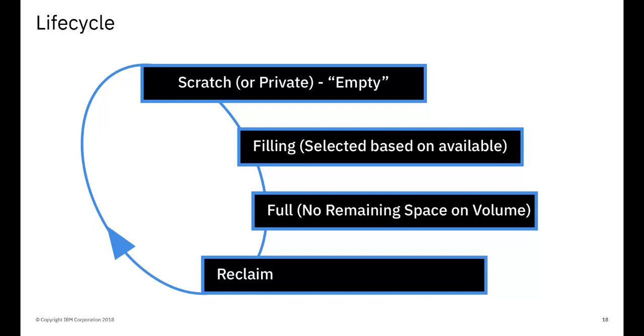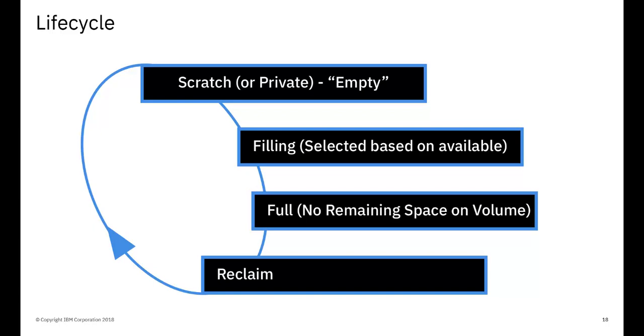When a process needs a tape, that tape will be marked as filling, and we're going to start at the beginning of the tape and start writing until we reach the end. As long as we have not reached the end of the tape, that tape will still show up as filling. Once we reach the end of the tape, we mark that tape as full, meaning we can't write any more information to it.